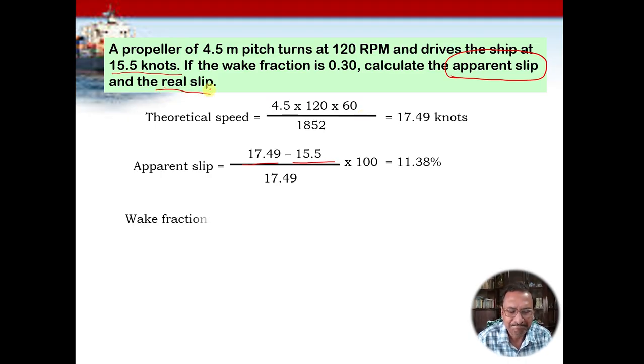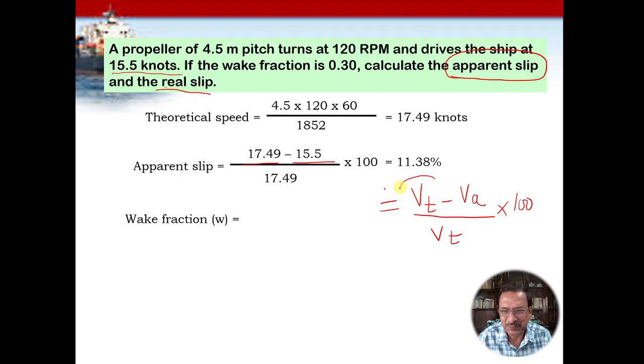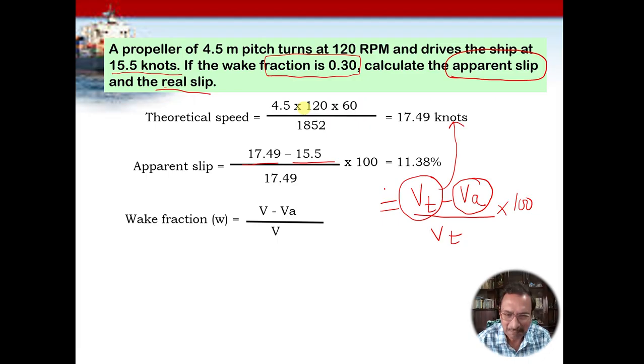Now for the real slip. The real slip formula, if you remember, is equal to theoretical speed minus speed of advance, divided by theoretical speed, into 100. Theoretical speed we have already got over here. We need to find out the speed of advance, for which we will take help of the wake fraction which is given over here. This is the formula for wake fraction: speed of the ship minus speed of advance, divided by ship speed.